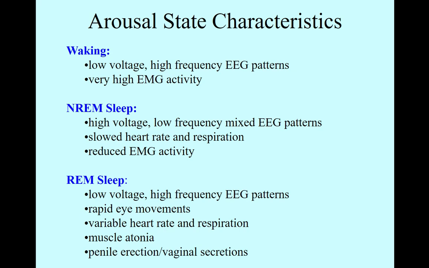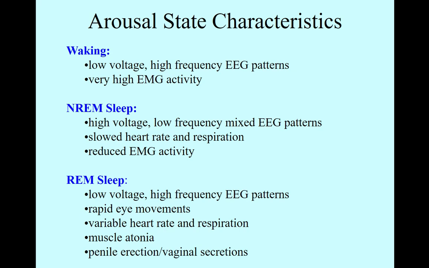It calms down, if you will. As we said earlier, the EEG has high voltage or high amplitude, low frequency or slow waves, sort of a mixed EEG pattern. There's some fast waves in there. As I said, the muscle activity is reduced, and also we see a slowing of heart rate and respiration.